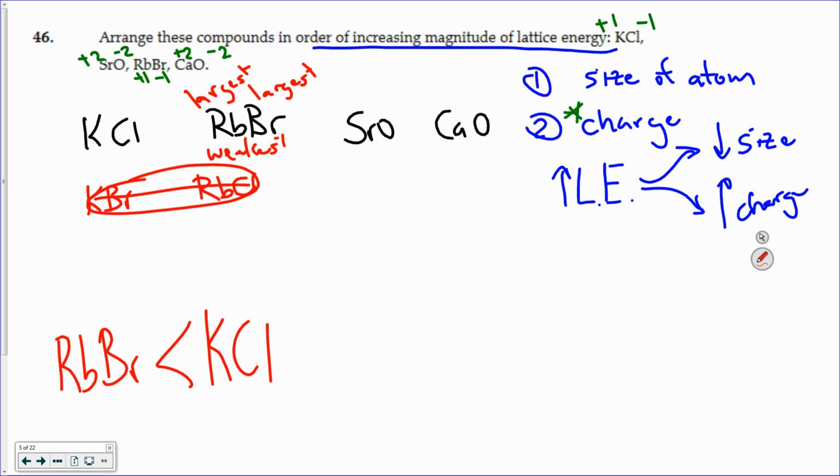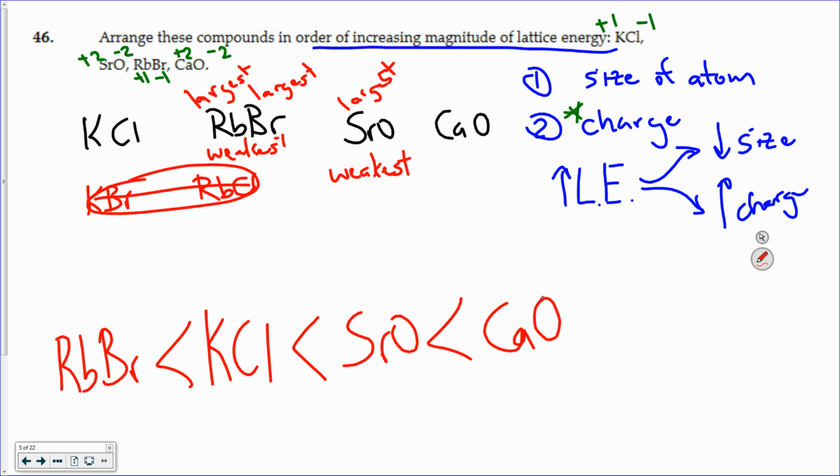Okay, the strontium is underneath calcium in the periodic table. So it's the largest. That means it's going to be the weakest. So just continue it out. Strontium oxide, calcium oxide. Okay, question on that one?